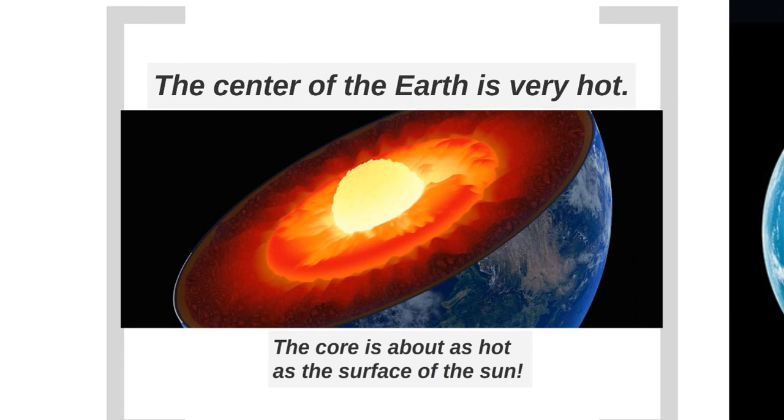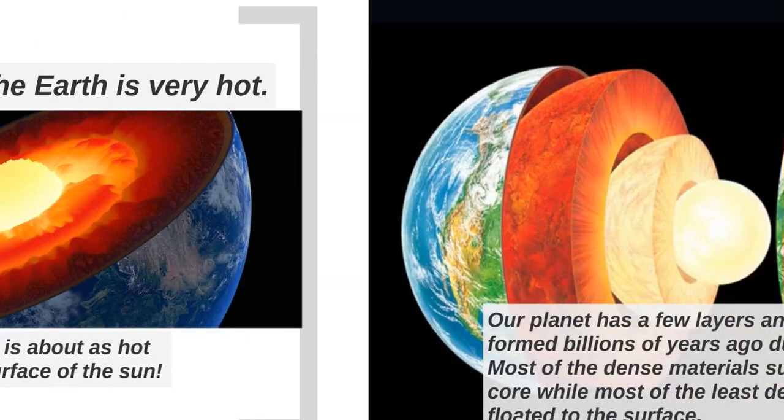So the center of the Earth is very, very hot. The core is about as hot as the surface of the sun, about 10,000 degrees. So this heat transfer is enough energy to make the movement due to convection currents.